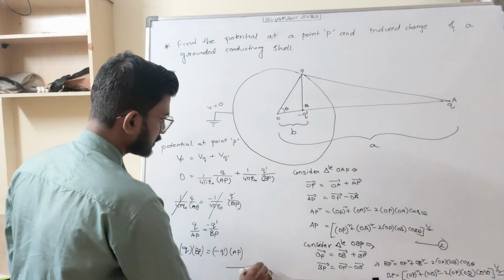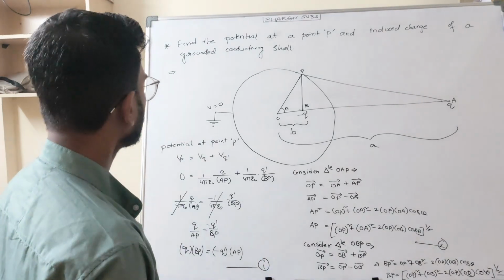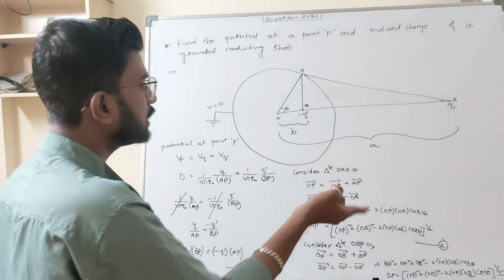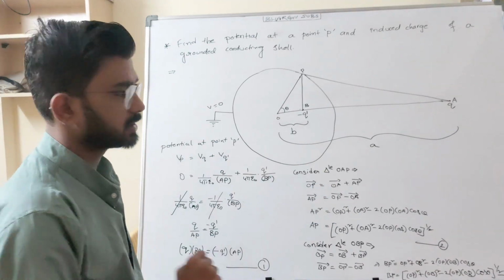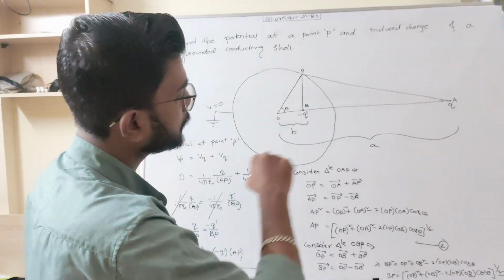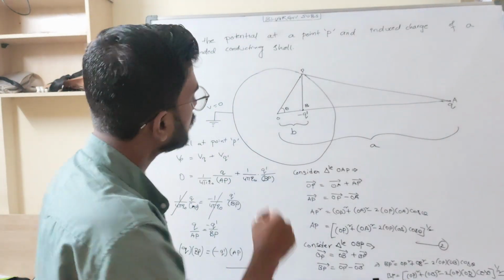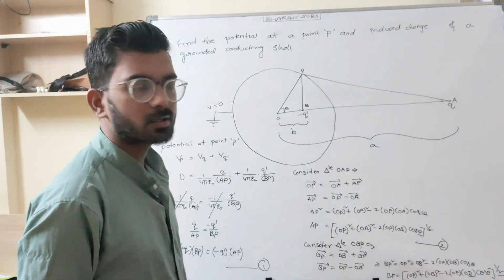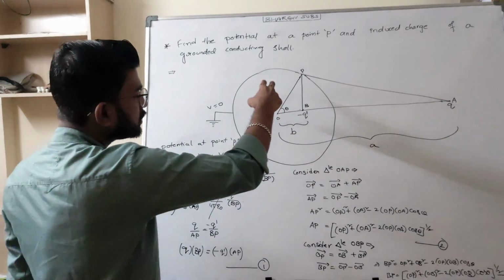Up to here clear? This was the first statement. The potential at point P is due to the plus Q charge and the minus Q dash charge. The distance for the plus Q charge is AP, and for the minus Q dash it is BP. We have to consider these two distances.